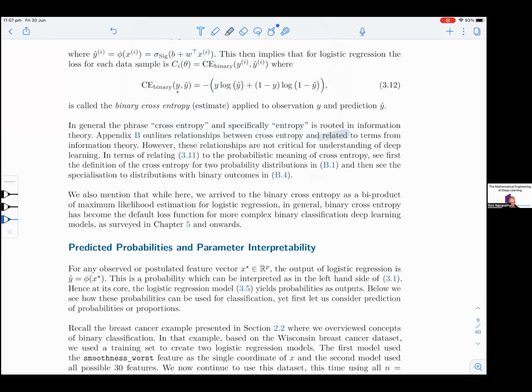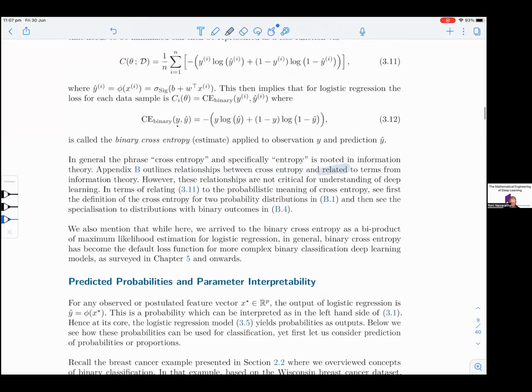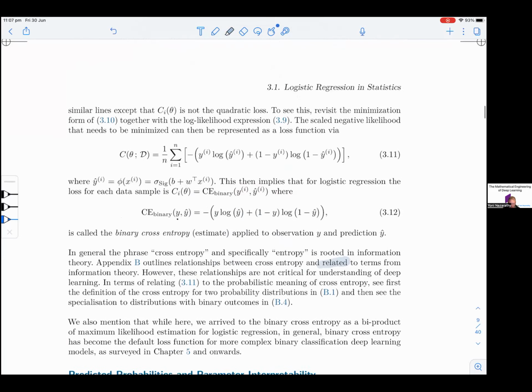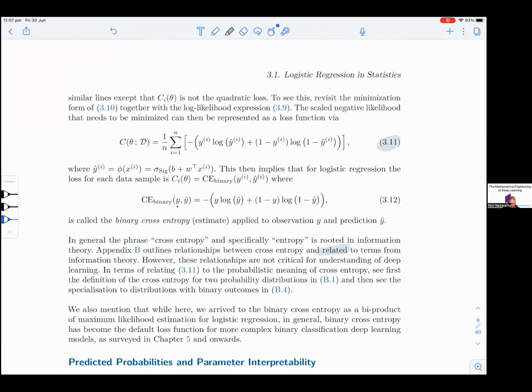In terms of relating 3.11 to the probabilistic meaning of cross entropy, see first the definition of cross entropy for two probability distributions in B.1, and then see the specialization to distributions with binary outcomes in Appendix B.4. So we won't do this now, but when we revisit the appendix in this video series, we'll reconnect it to this.